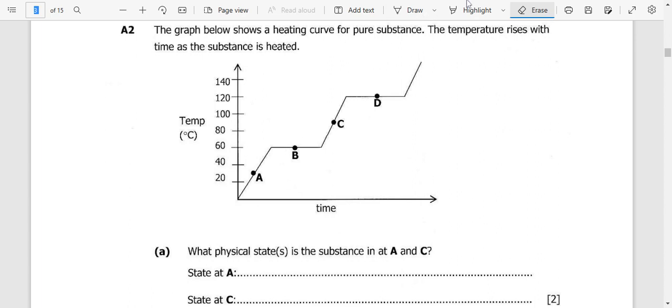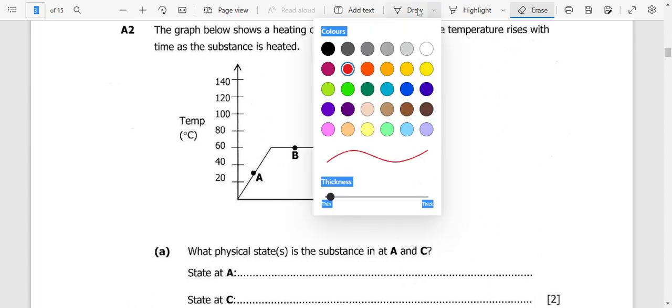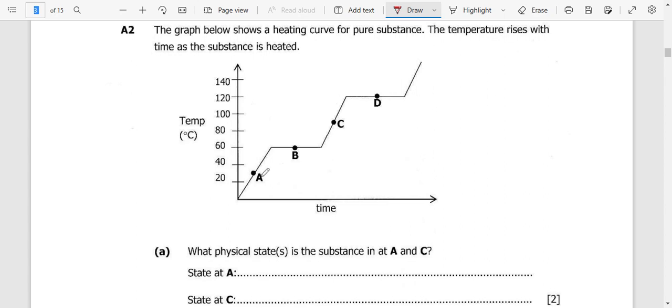Okay, so remember this is a heating curve. So what will be A? Is it going to be a solid or a liquid or a gas? Solid. So A is a solid, and then C is what? Liquid. Here we don't have a gas. What of B? Is it a solid or a liquid at B?